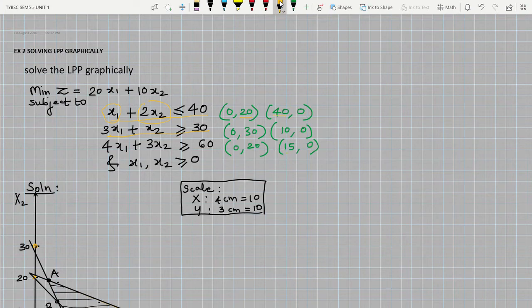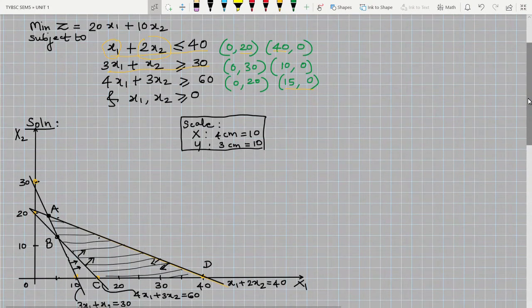So by looking at these particular values, you have to decide the scale. Now I have drawn the x1 axis here and x2 axis here. The points considered are 10, 20, 30, 40 and so on on the x1 axis, and similarly 10, 20, 30 on the x2 axis. Now we will plot these equations first.